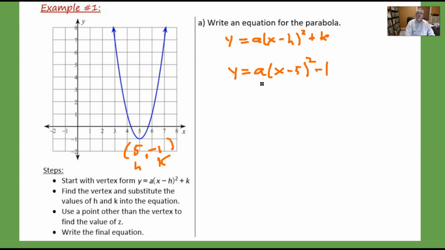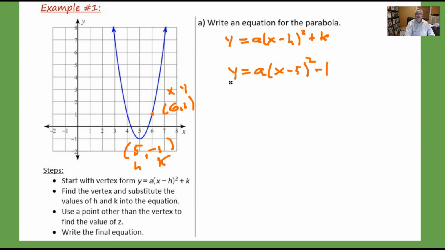All right, so we need to do something to find the value of a. Well, it turns out that every point on the parabola should work in the equation. So I'm going to take a point with nice coordinates like this one, 6, 1, and we can substitute 6 for x and 1 for y.